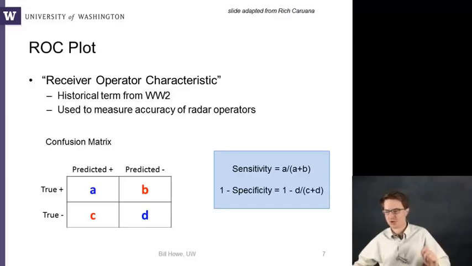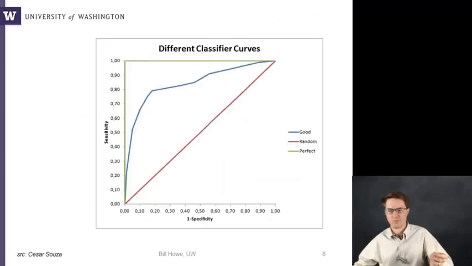Each test case generates a single point on this curve, but in many cases there will be a threshold that you can set to carve out an entire curve as opposed to a single point. So for example, if you've got a model that says creatinine levels in the blood determine a diagnosis, well, what should the threshold be? How high is too high? How high should the creatinine levels be before you make a certain diagnosis versus the other diagnosis?